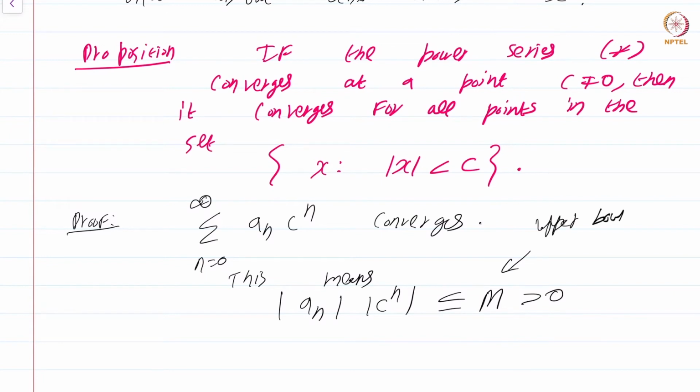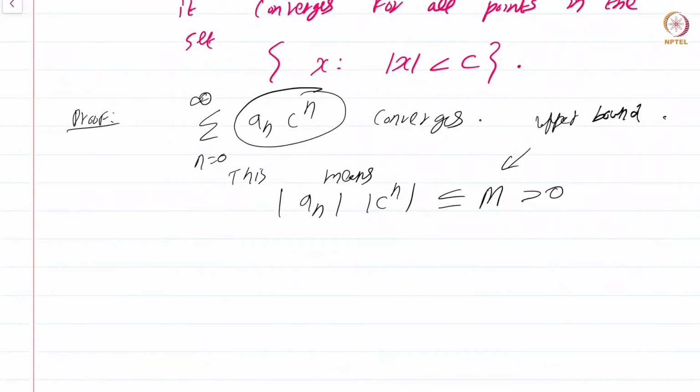Since the series converges, the sequence converges to 0, and therefore the sequence has to be bounded. When I say sequence, I mean the sequence a_n C^n, not just the sequence a_n. Therefore, we can find an upper bound capital M greater than 0 such that mod a_n C^n is less than or equal to M, and this is true for all n in the natural numbers union 0.